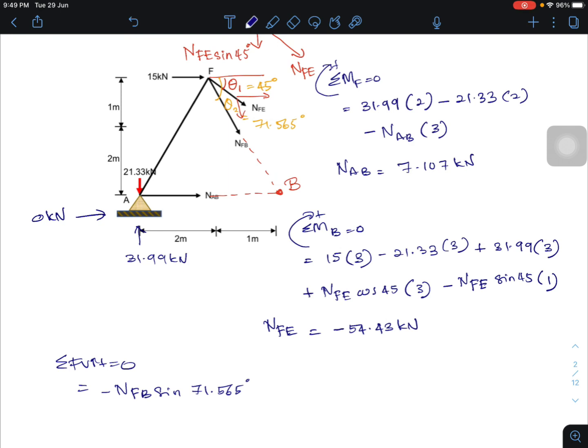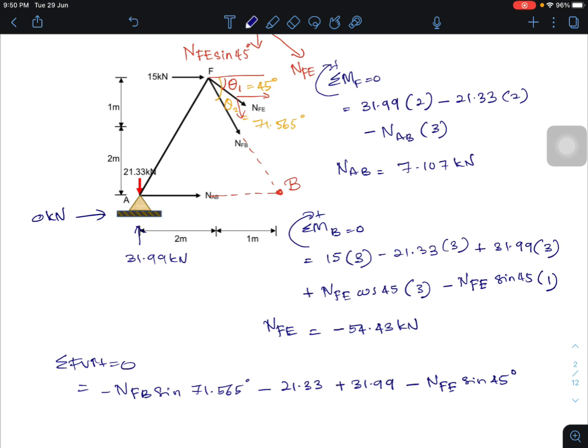So negative NFB sine 71.565 minus 21.33 at A plus 31.99 at A. So minus NFE sine 45 degree.